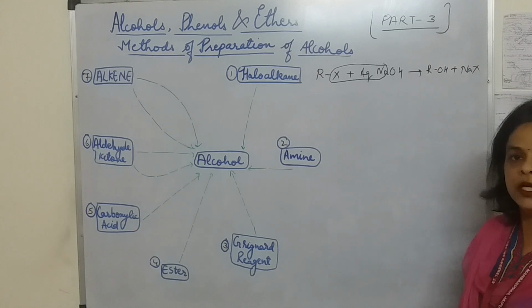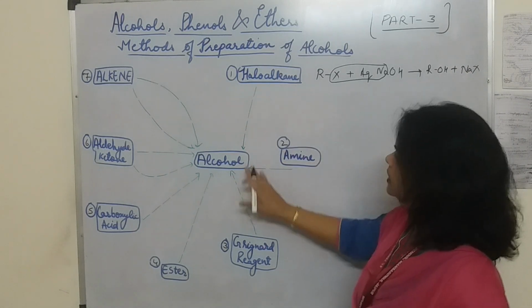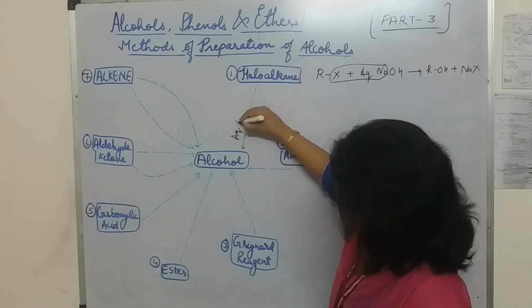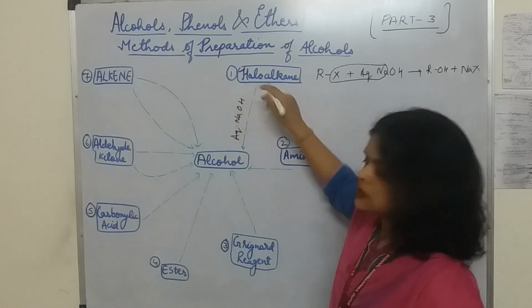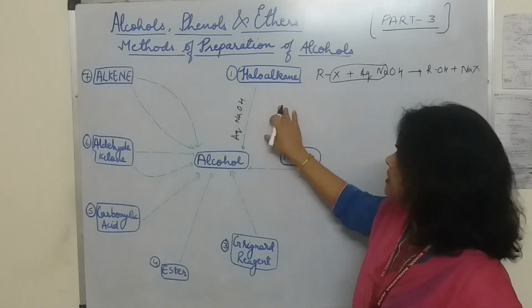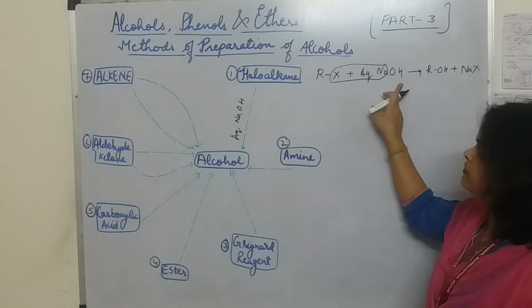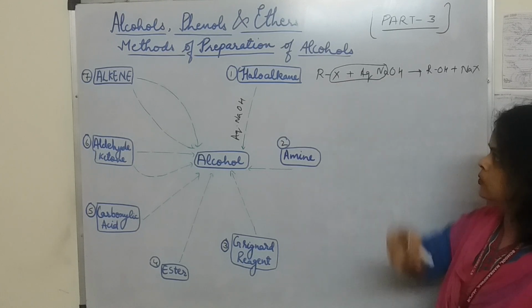That means we are going to get the alcohol. So how can a haloalkane be converted into alcohol? By aqueous NaOH, and the substitution reaction will be taking place. Here the OH will be acting as nucleophile and it will substitute the halogen.